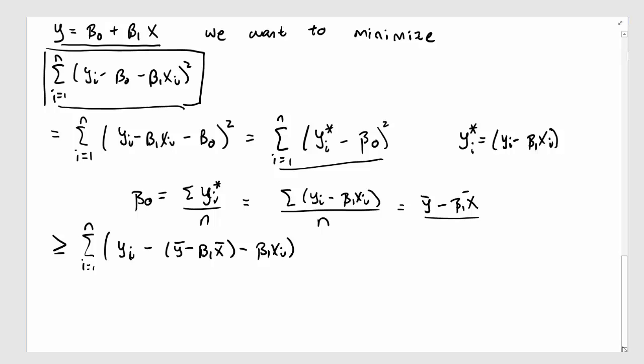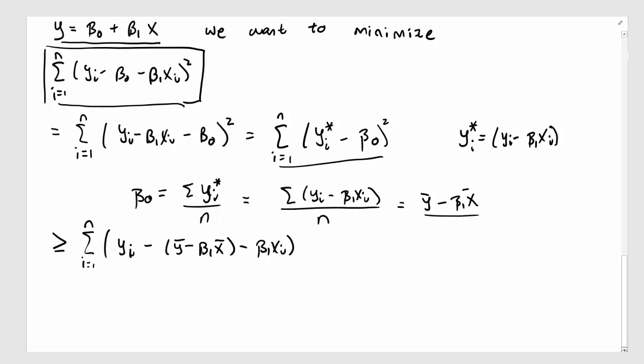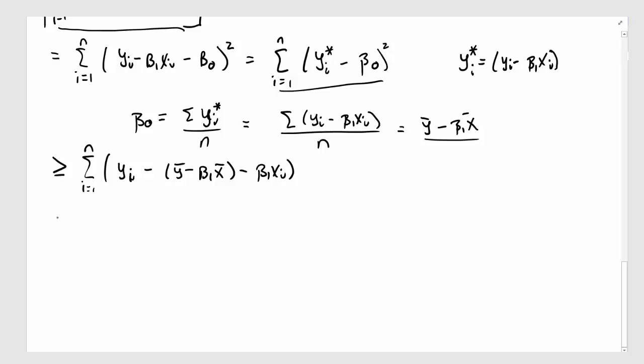So we know our solution has to do that. Now, this is equal to summation i equals 1 to n of yi minus y bar minus xi minus x bar times beta 1, squared. And I forgot my square right there.